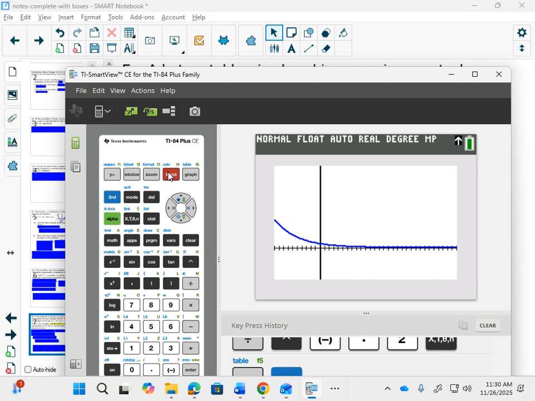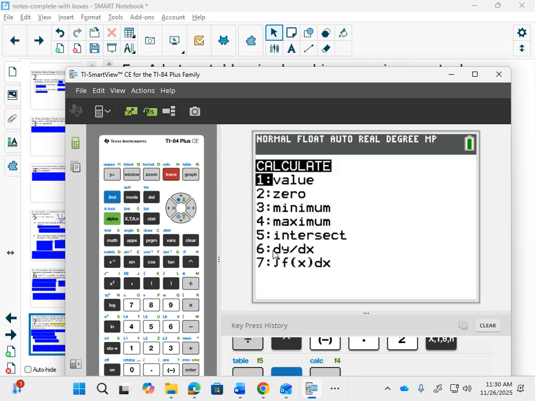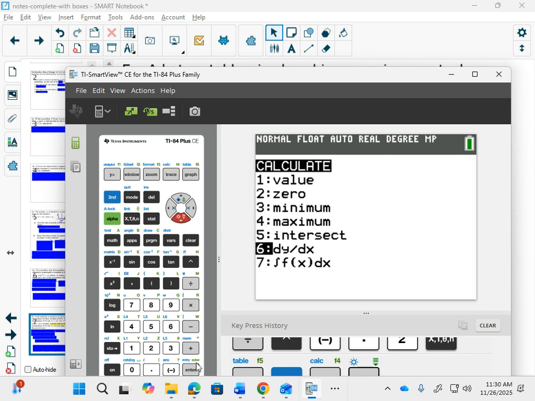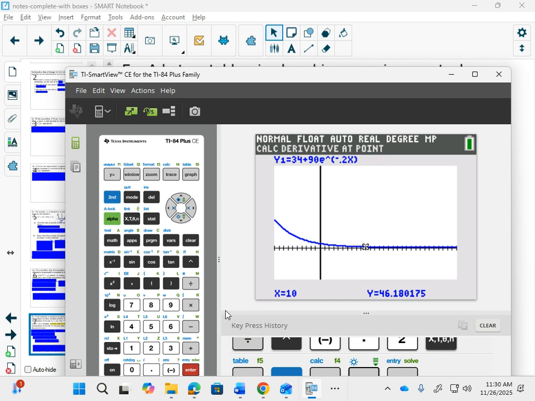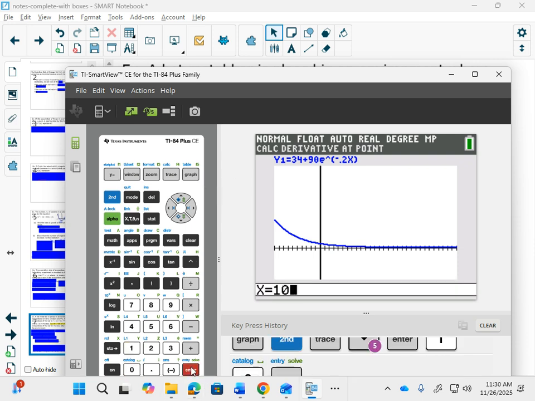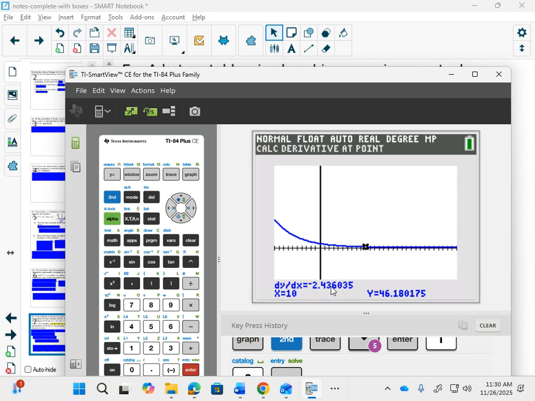Then if you go second calculate on your graph, it has a dy/dx as well. So we can go to number 6, and say when x is 10, does it let me type in 10? It shows me the negative 2.4 that way as well. Is that what you're talking about?